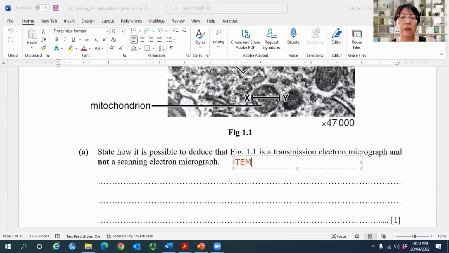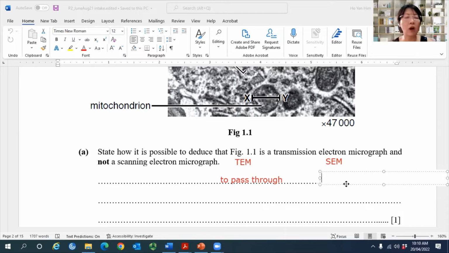TEM, transmission, means to pass through. Whereas SEM is a scanning electron microscope. We only use the electrons reflected from the surface of the object because we have coated the surface with probably gold or something that will reflect the electrons.